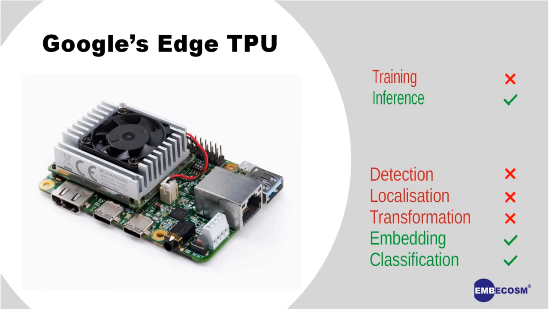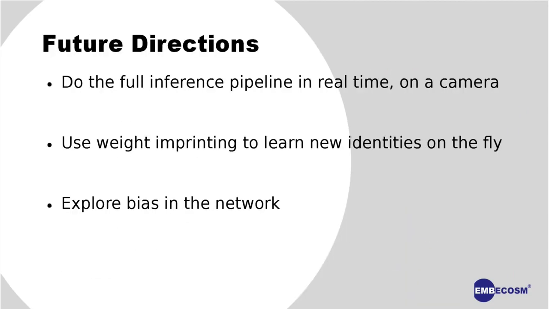So have it detect whether there's a face, pull that face out of the image, normalize and transform it, and then do classification, recognition on it. That would be something we'd like to shoot for, and doing this in real time, perhaps with a connected camera, would be nice. That's the direction we'd like to take this.